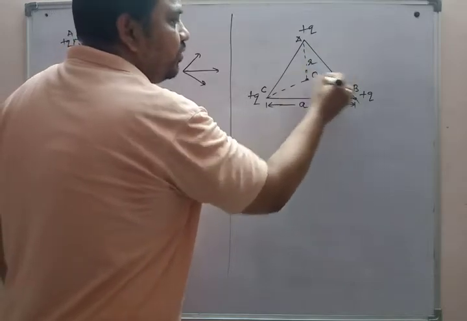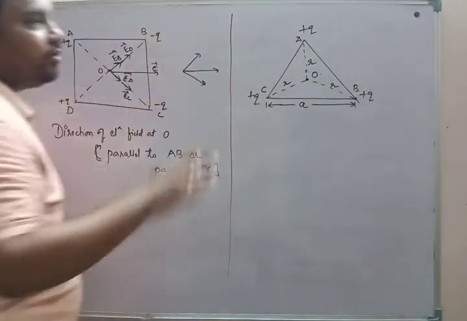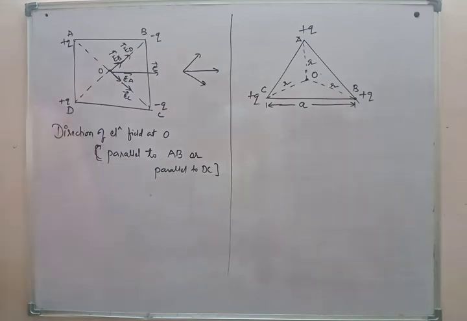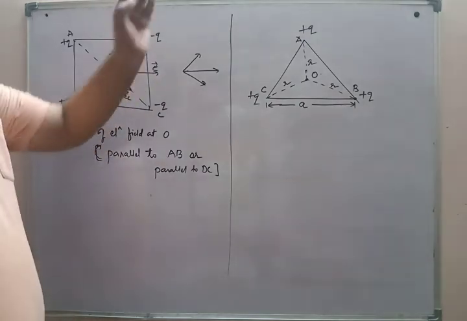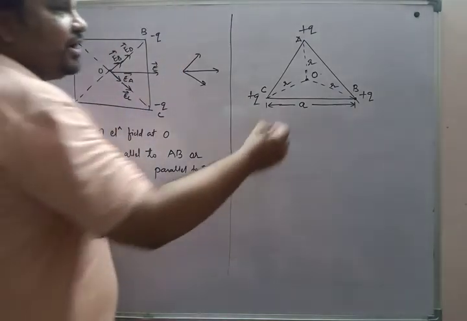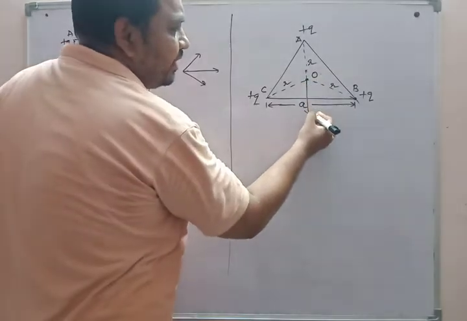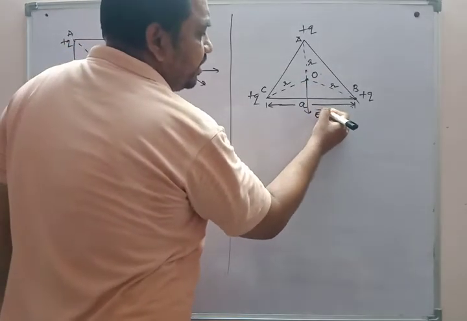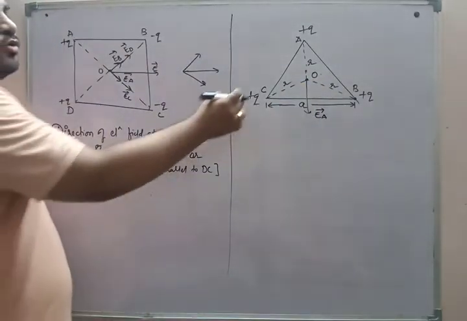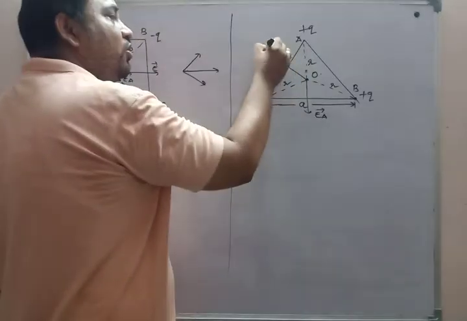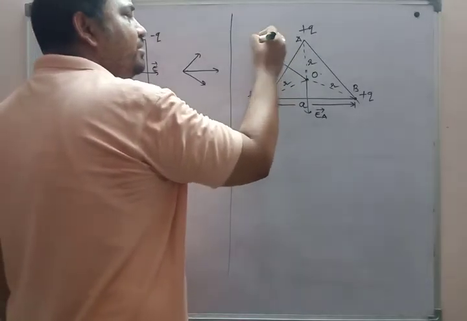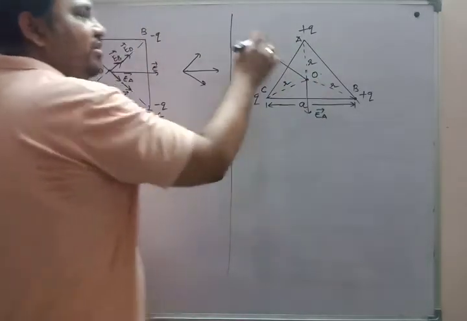I don't want to find this distance. I will show you why I am not concerned with the distance. We'll discuss what the directions of the electric fields are. Due to charge A, it will be along this direction, EA. Due to charge B, it will be along this direction, which can be easily understood since both are positive charges, so away.